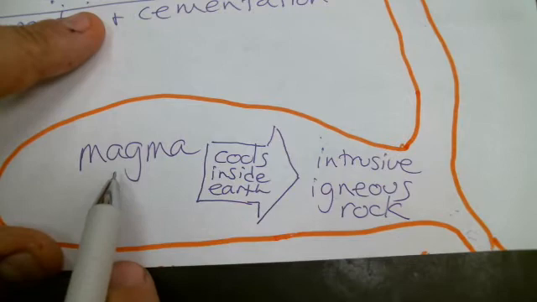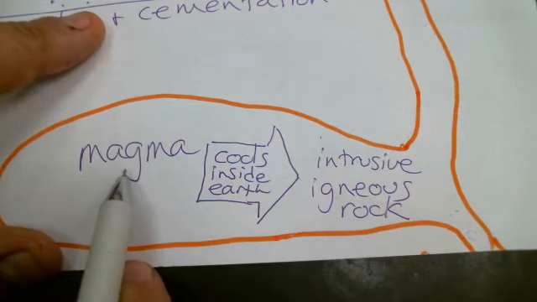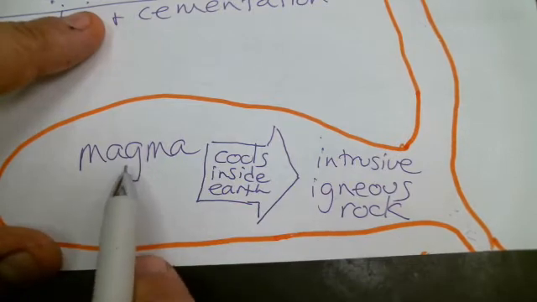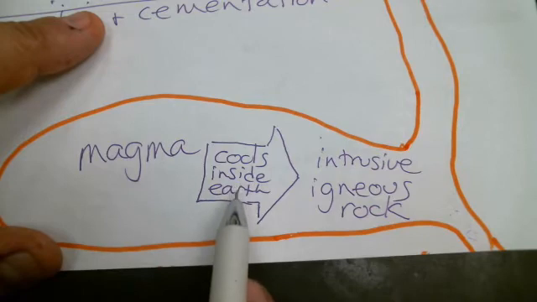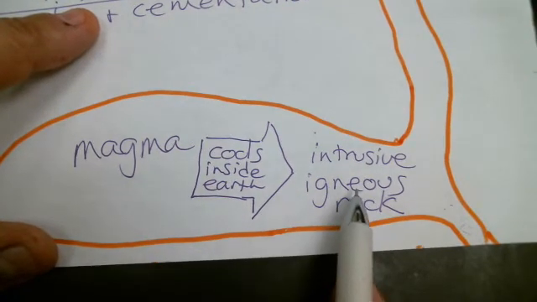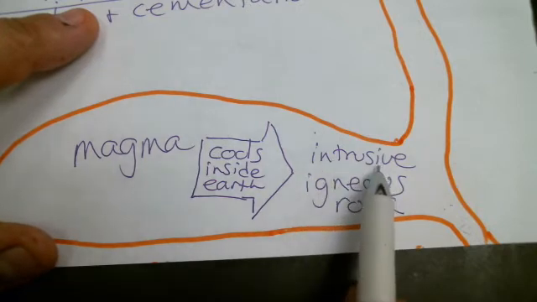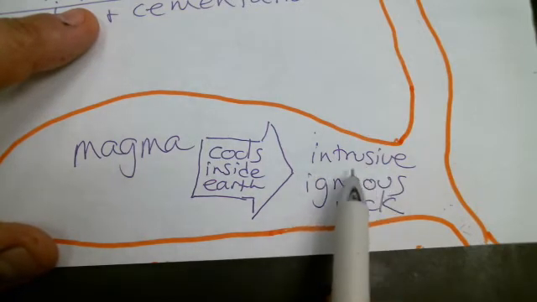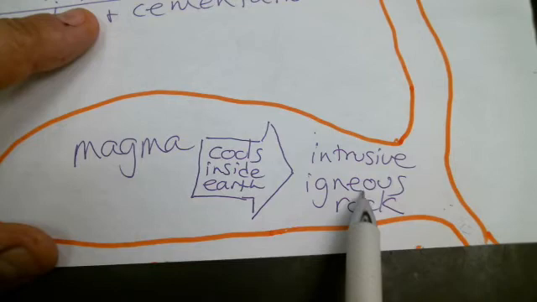So the melted rock on the inside of the Earth is magma. And when that gradually cools on the inside, it will make intrusive igneous rock. Intrusive meaning formed inside the Earth, and igneous meaning that it formed directly from melted rock.